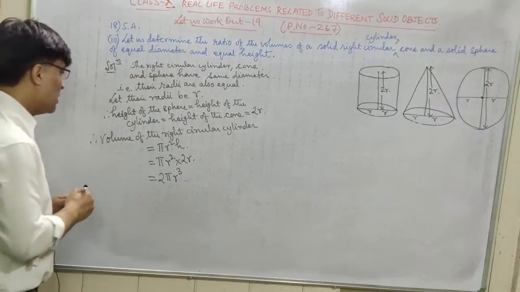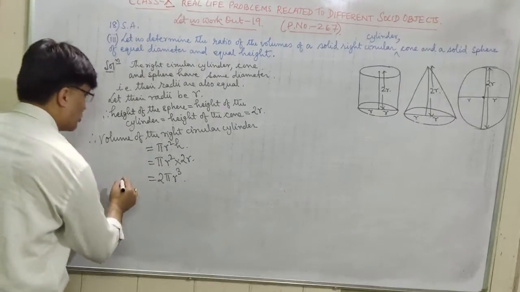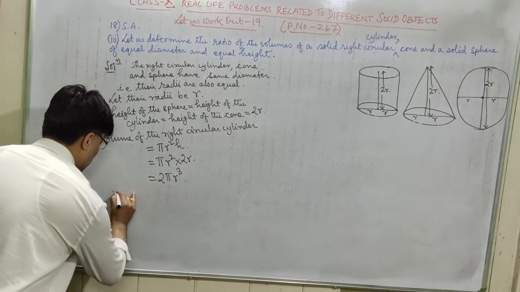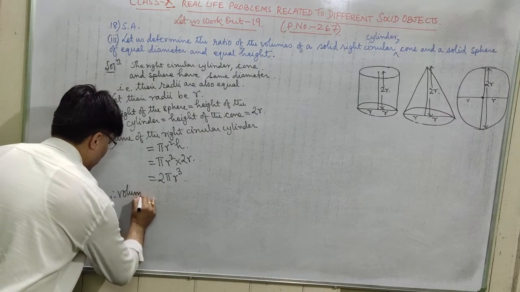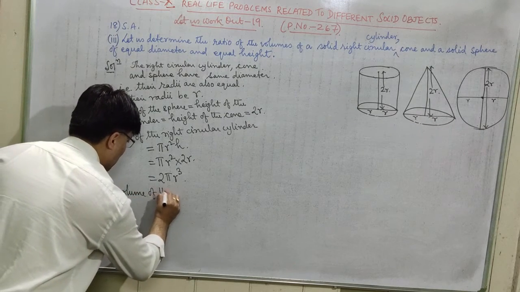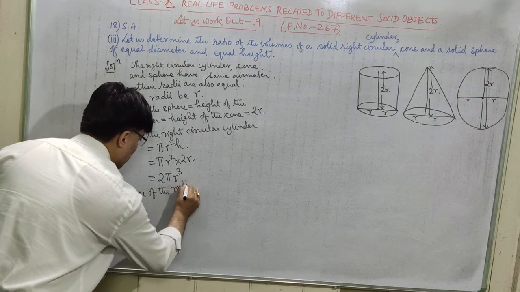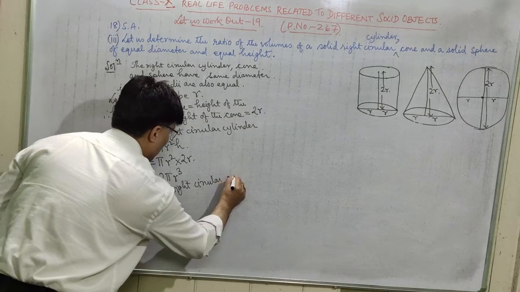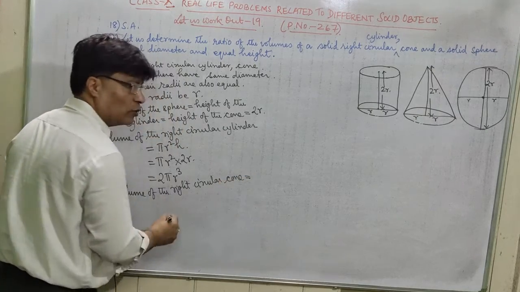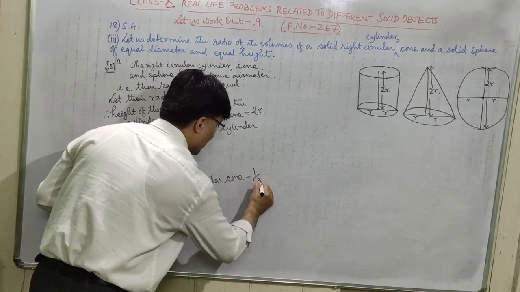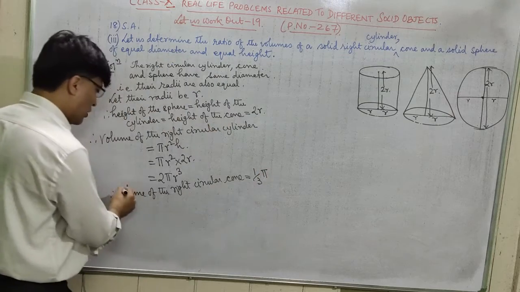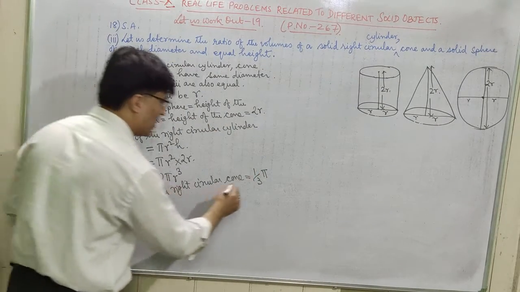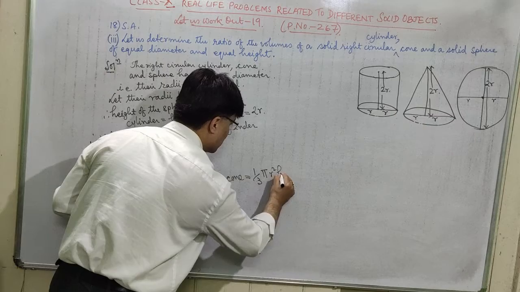Okay. So let us find out the volume of the right circular cone. Volume of the right circular cone is equal to 1/3 pi r square h.